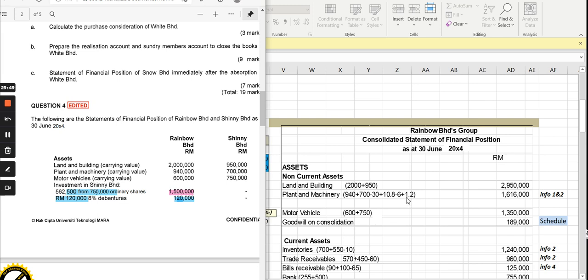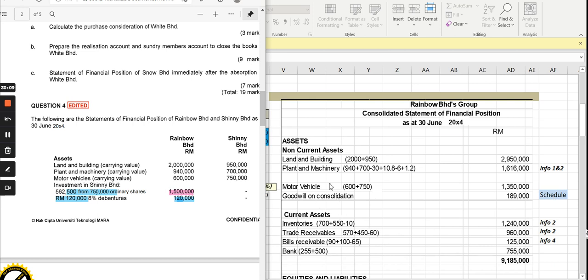You reduce them, and this 1,200 is the depreciation adjustment, which is the over provision. So the first two items are the combination, the last four are the adjustments for elimination, referring to information 1 and 2. Motor vehicle, no adjustment, just add them.